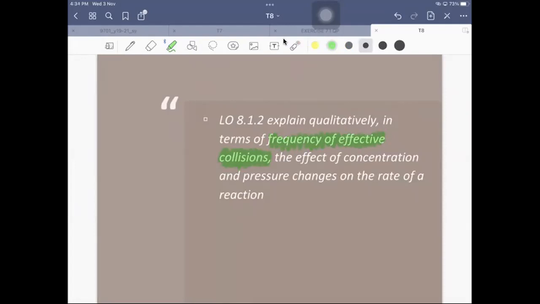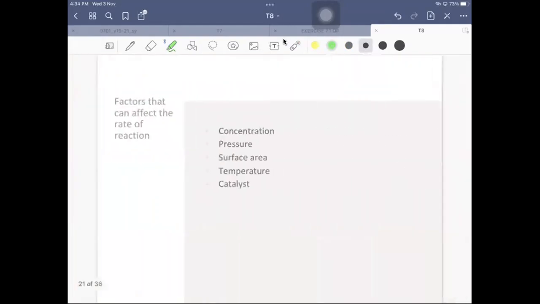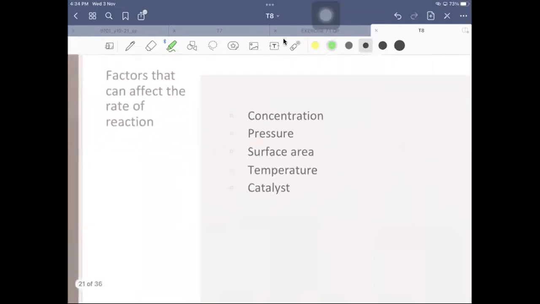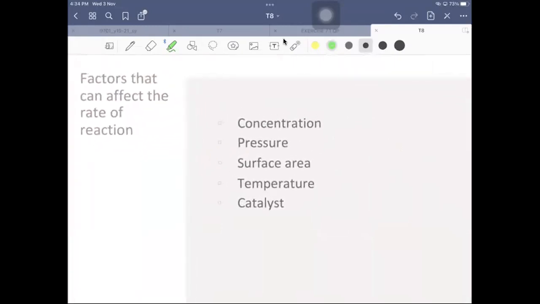Okay, effect of concentration and pressure changes on the rate of reaction. You already know that the factors that can affect the rate of reactions are concentration, which we will look at, and pressure. Concentration and pressure are closely related, right? Pressure is just basically concentration for gases.